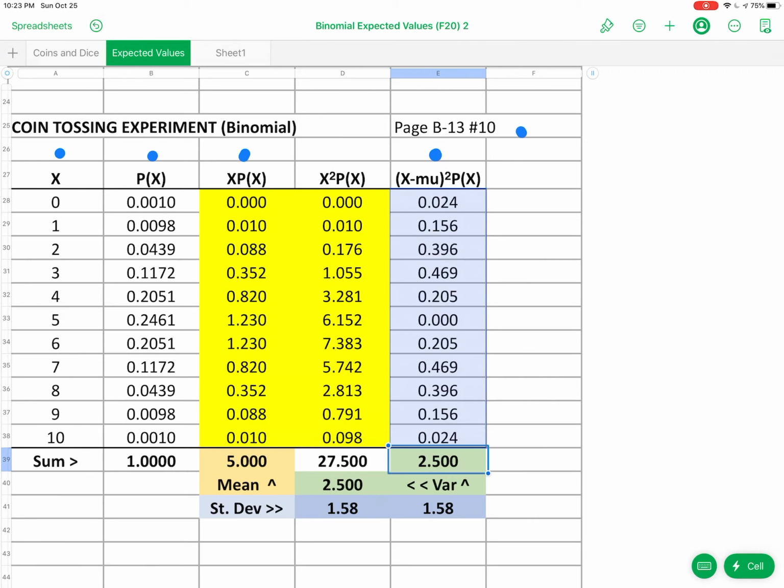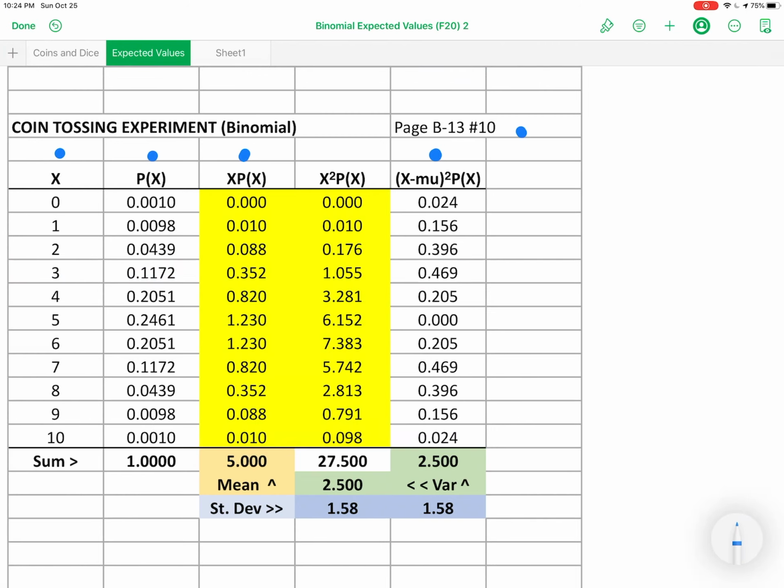That variance is actually just n times p times 1 minus p, right? N is equal to 10 times p, which is 0.5, times 1 minus p, which is 0.5. 10 times 0.5 times 0.5 is 2.5. If you take the square root of that, you will get the standard deviation. Now, here's the computational formula.